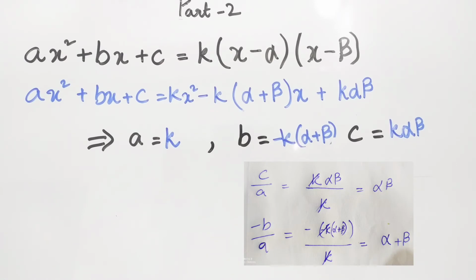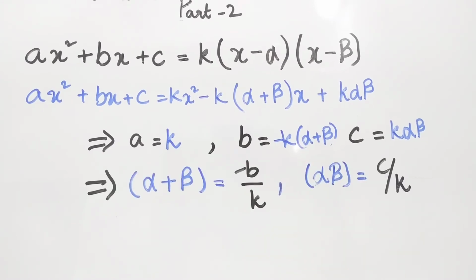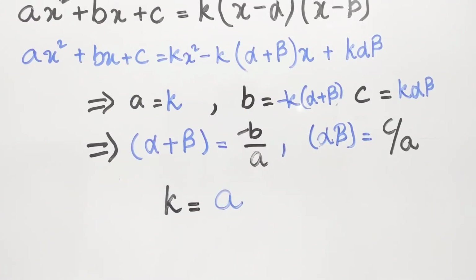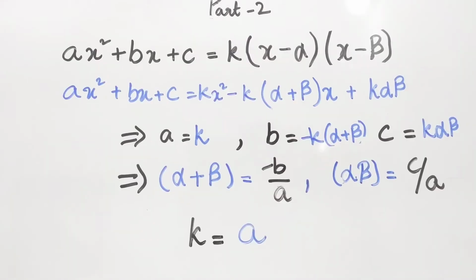You get a = k, b = −k(alpha + beta), c = k·alpha·beta, which means alpha + beta = −b/k and alpha·beta = c/k. K is nothing but a, so alpha + beta is −b/a and alpha·beta is c/a.